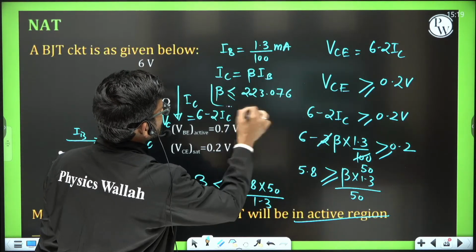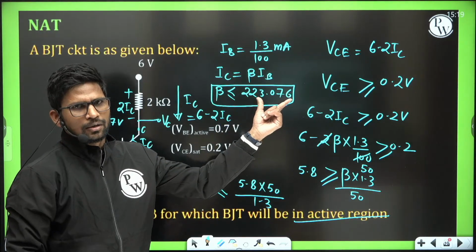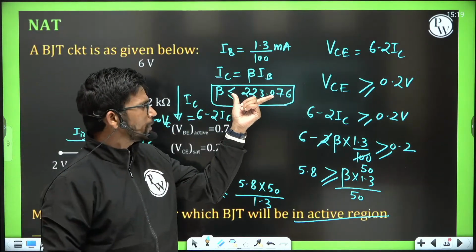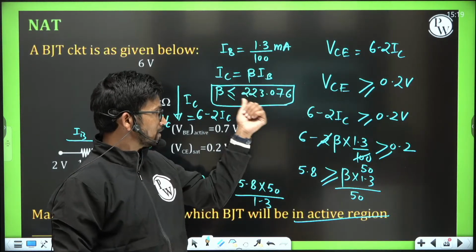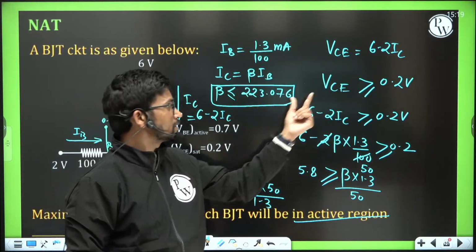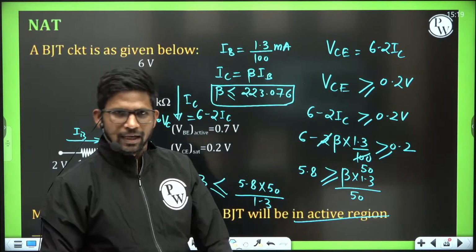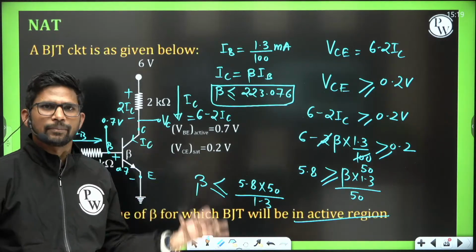So till beta is less than or equal to this value, the BJT will be in active region, because in this range, less than or equal to 223.076, VC will come out to be greater than or equal to 0.2 volt. And if VC is greater than or equal to 0.2 volt, definitely the BJT will be in active region.